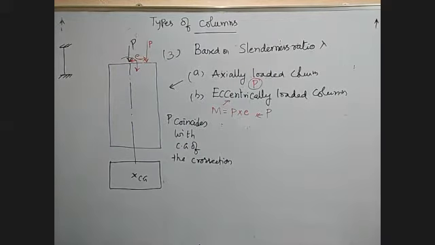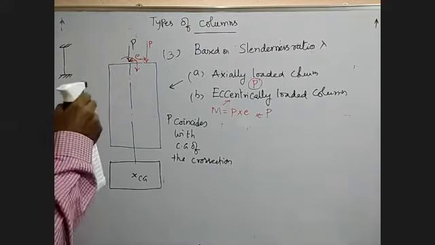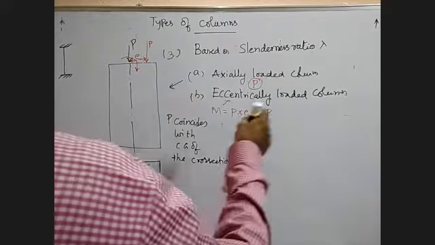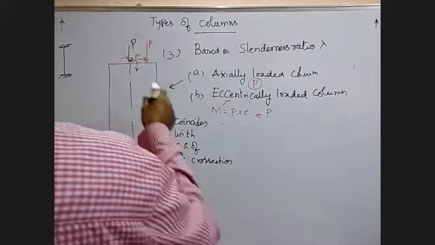Okay, based on the slenderness ratio, we call it as the columns are, so here, there are two types of columns. One is short column and another one is the long column.